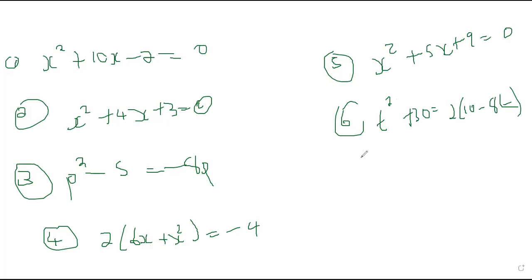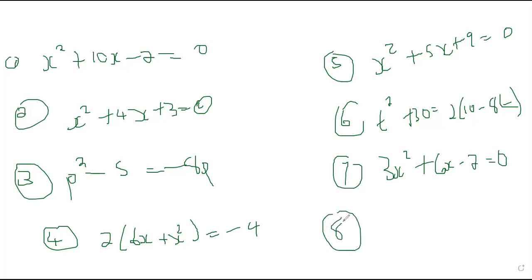So the other one is 3x squared plus 6x minus 2 is equal to 0, right? And then the last one would be 2x squared is equal to 11x. You can do those 8 for me by completing square, right?